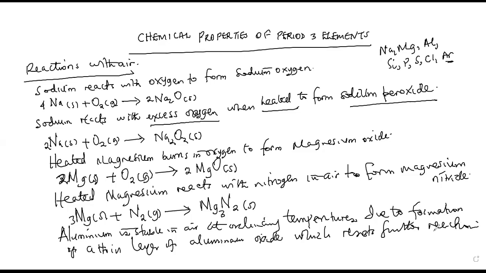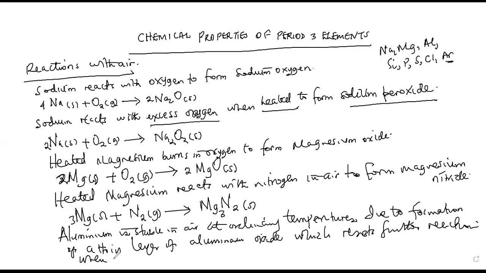But when that layer is removed, aluminium, when heated, reacts with air to form aluminium oxide and aluminium nitride, depending on which component of air.